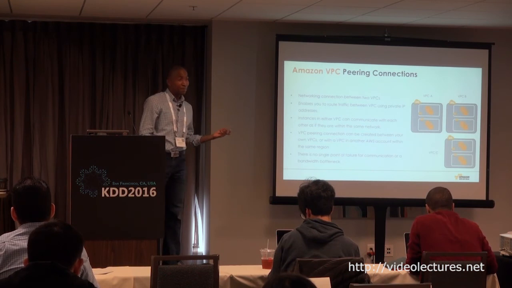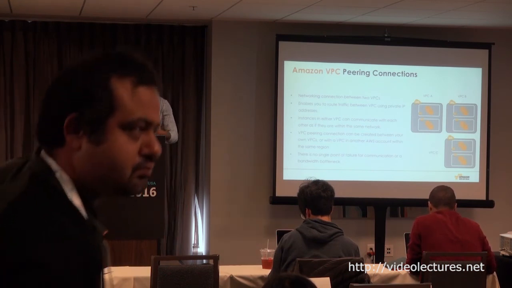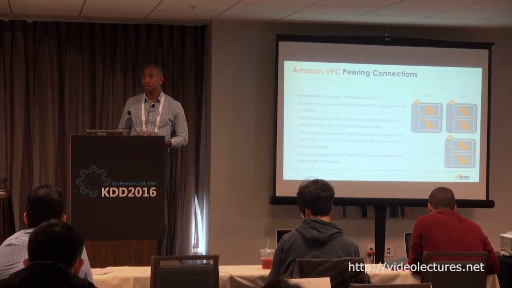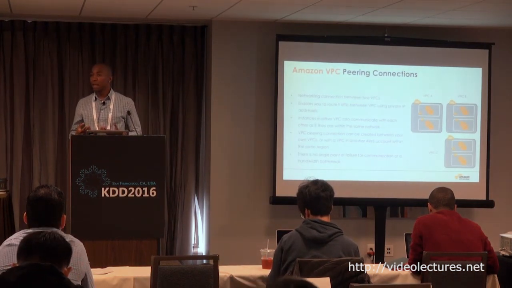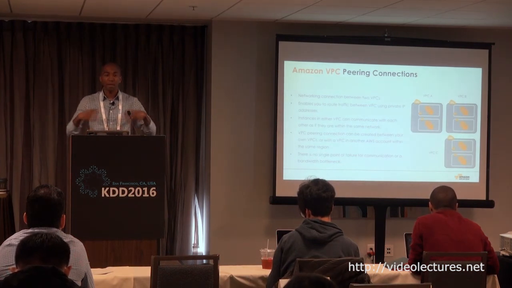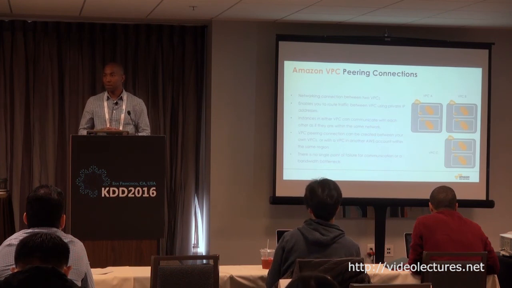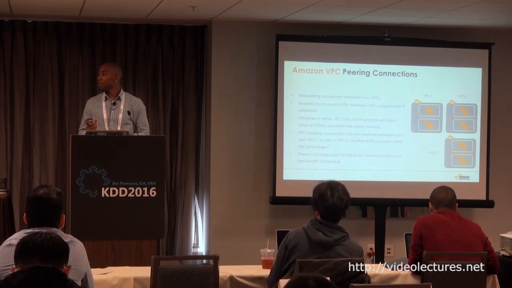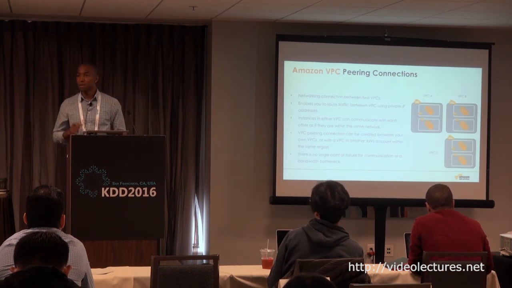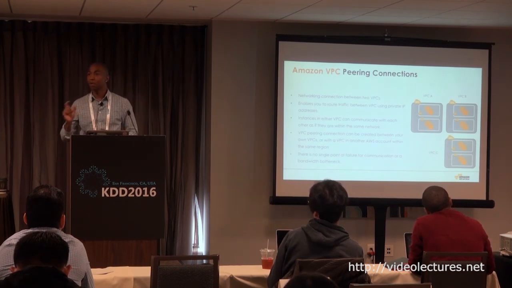What VPC Peering does is logically connect all the VPCs that you want to talk to. What that simply means is I can say, VPC A, B, and C are all connected, and I can pass traffic between them as if they were all the same VPC. The latency doesn't change. It's not a physical connection, it's just a logical connection between multiple VPCs.